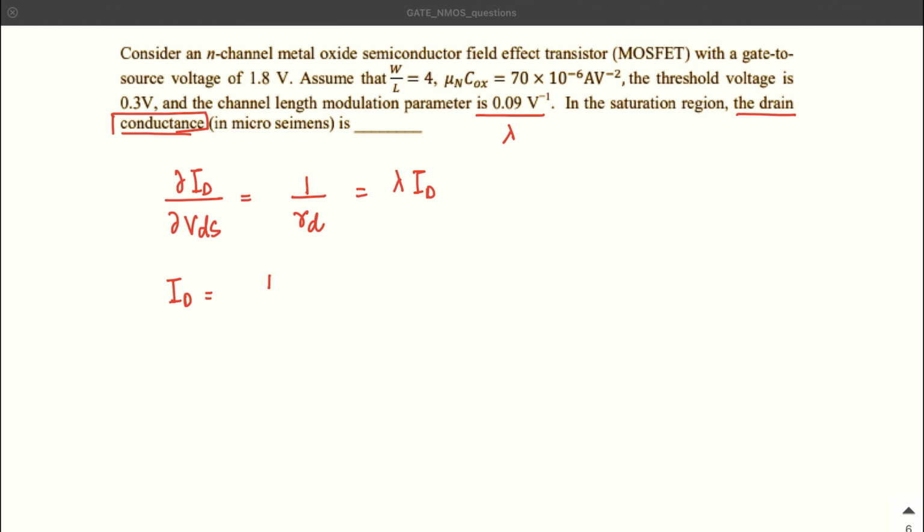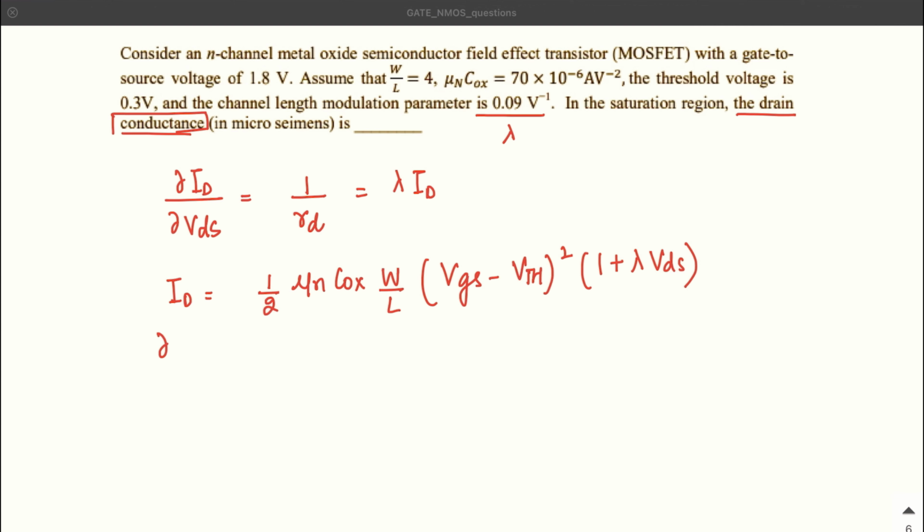ID for the saturation mode is half mu n Cox W by L, and we have (VGS minus VTH) whole square. But considering the channel length modulation, we have an extra parameter 1 plus lambda VDS in the drain current equation. Now let us just do the derivative of this equation with respect to VDS.